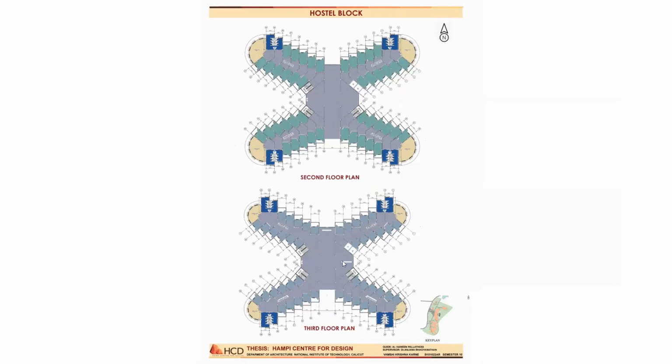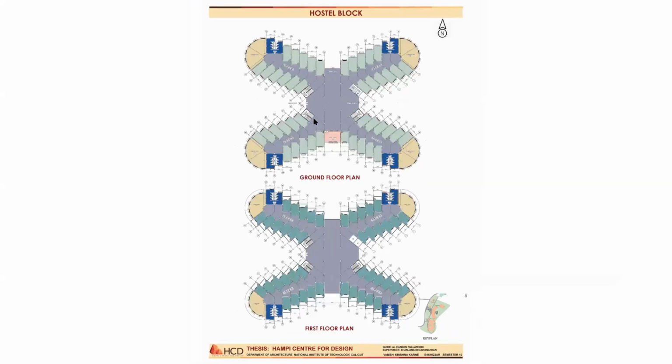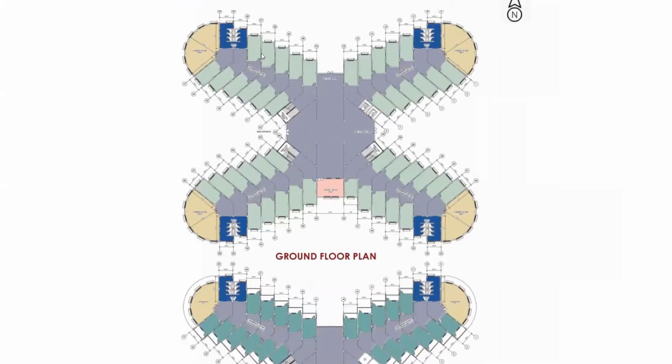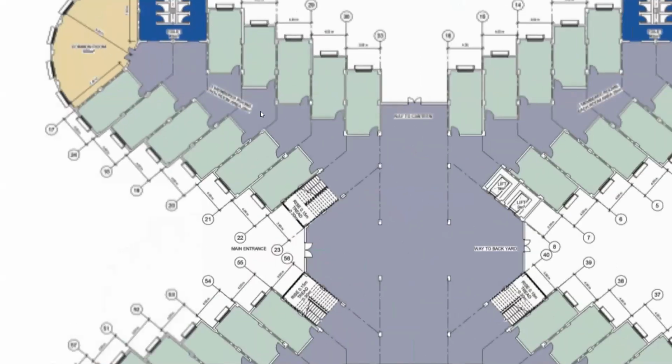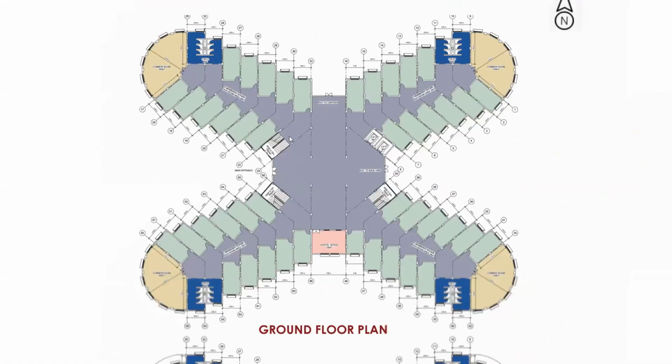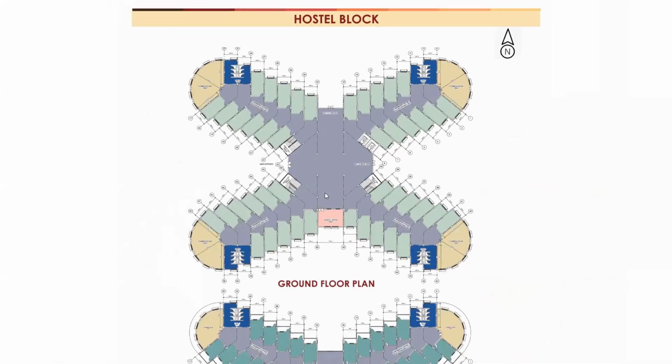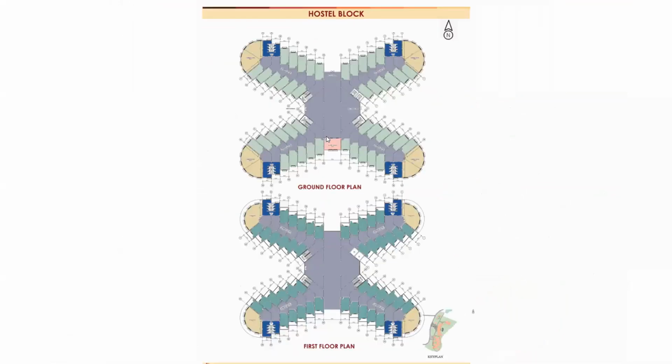This is second and third floor plans. In the ground floor, each room is for three persons, and this is the main entrance into the building. This is the vertical circulation, lifts and staircase, hostel office.